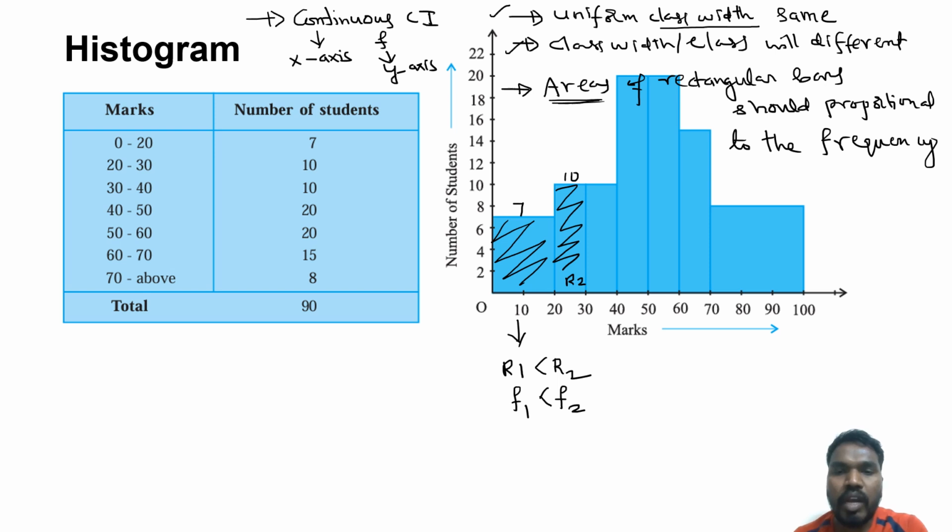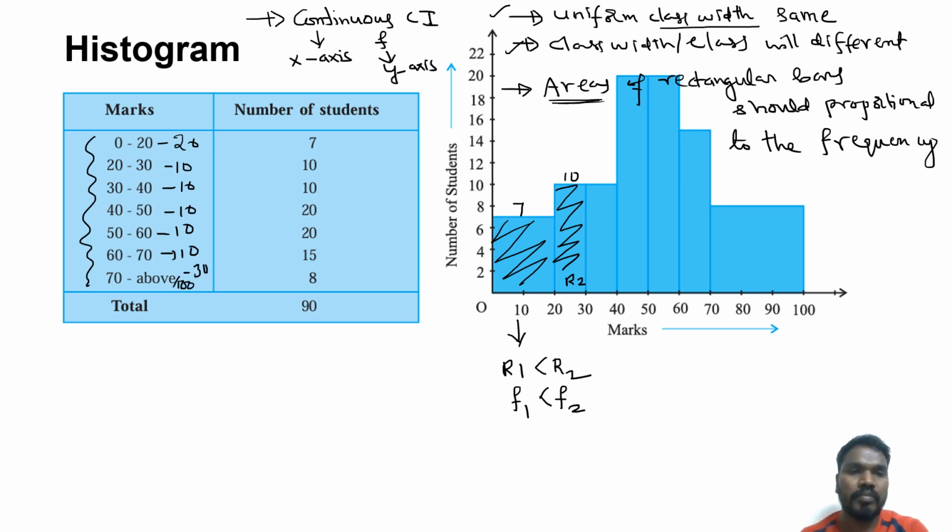But when you have this kind of scenario, where here this is 20, this is 10, this is 10, 10, and here 10, let's say till 100, then it will be 30. Here you can see the class sizes are different.